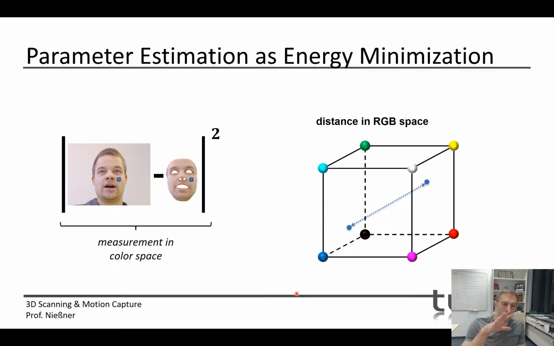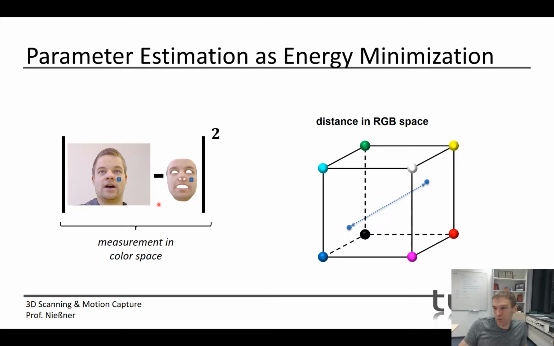I'm not going to go into all the details here because this is very similar to what we have seen already for the bundle adjustment works like BundleFusion and so on. They have similar ideas where you also take differences in color spaces, and you can use different color spaces. The other thing you have to consider is that there are different norms you can use. You can use a 2 norm between every pixel. You can also use an L1 norm between every pixel.